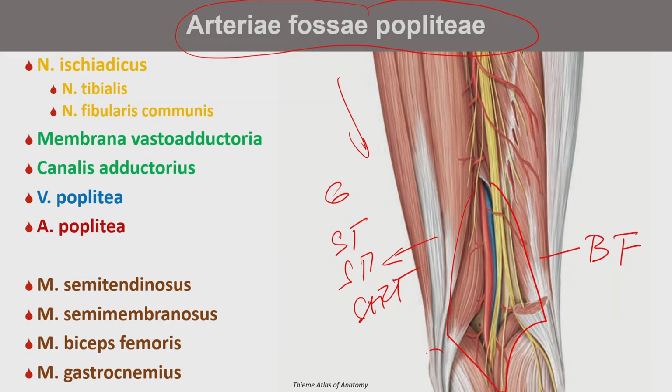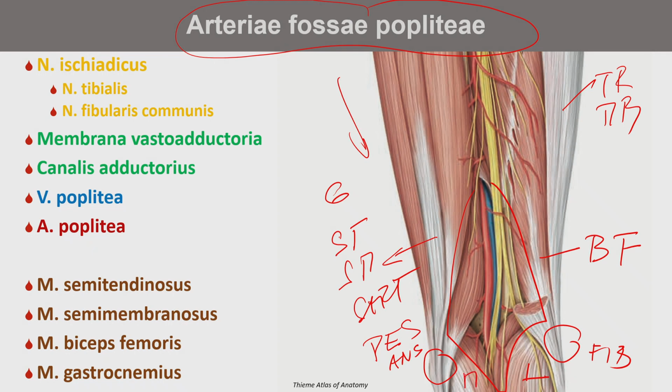So here we have typically pes anserinus, and here is a fibula, and this is a tractus tibialis. And this is easy to palpate because here you have a lateral and medial head of the gastrocnemius muscle.